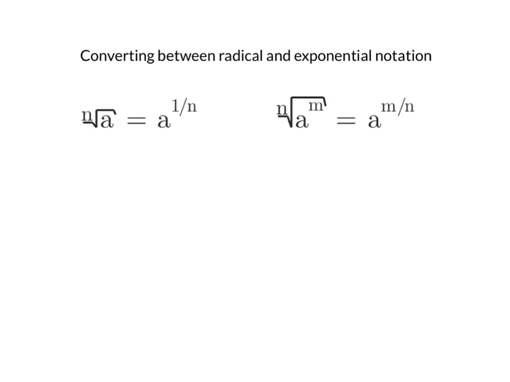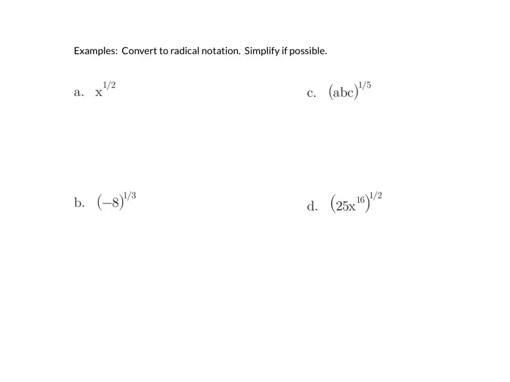So let's go ahead and practice some of these. In these examples, we want to convert to radical notation. So remember that the denominator becomes the index and the numerator becomes the exponent.